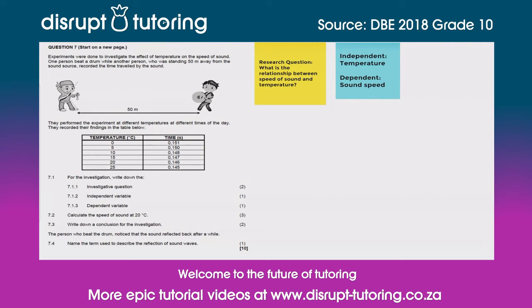The first says, what is the investigative question or the research question? This is the question you ask to find out what you're actually solving by doing the experiment. Because they've done measurements of the speed of sound at different temperatures, the research question becomes, what is the relationship between the speed of sound and temperature?